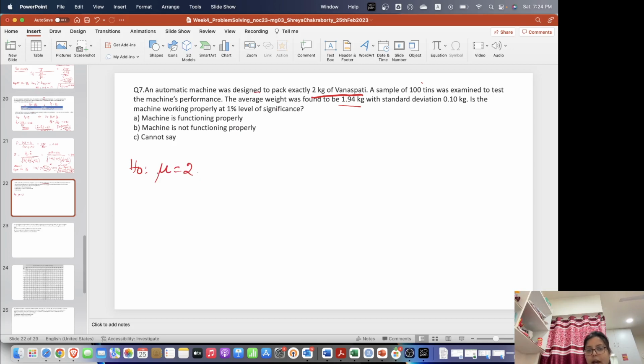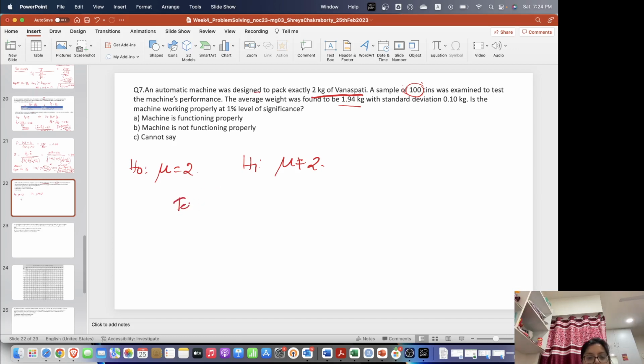It is designed to pack, so H0: mu equal to 2 versus H1: mu not equal to 2. Since this is a test for mean and the sample size is large, we can assume that this follows a normal distribution.